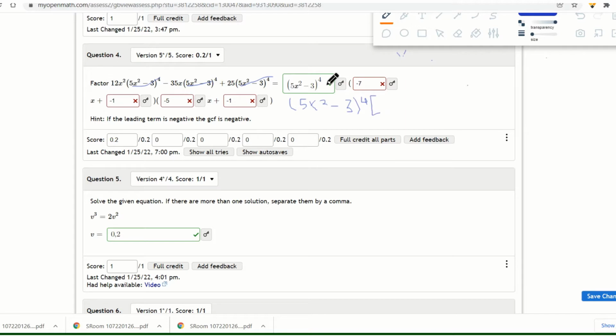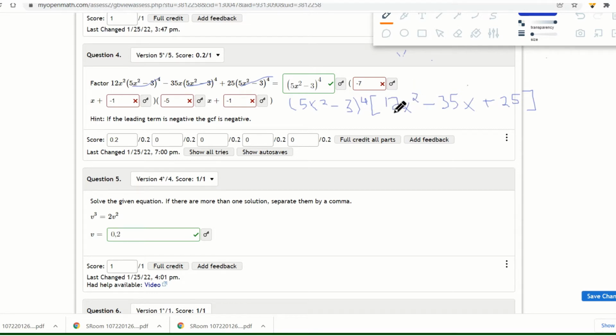So what we've got left is a 12x squared, a minus 35x, and a plus 25. Okay, so inside here, we need to continue to factor what's inside.